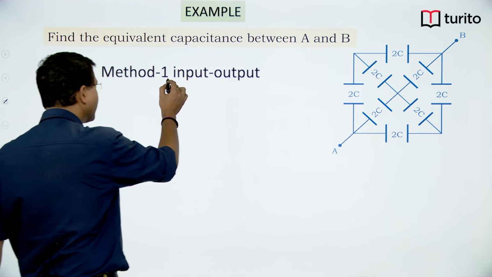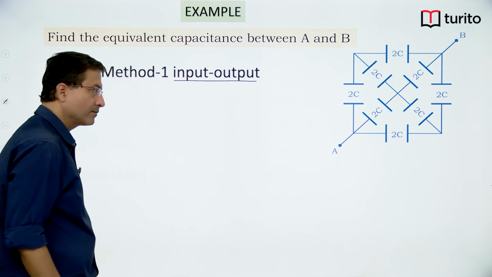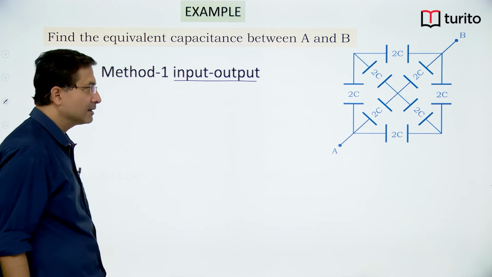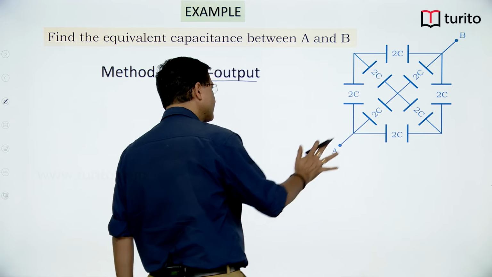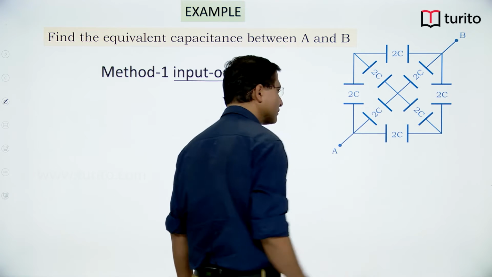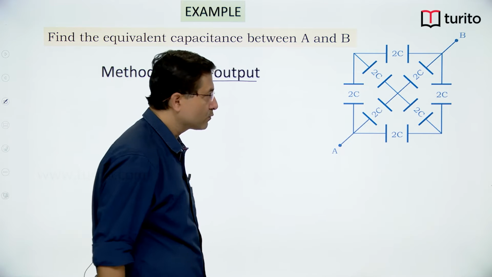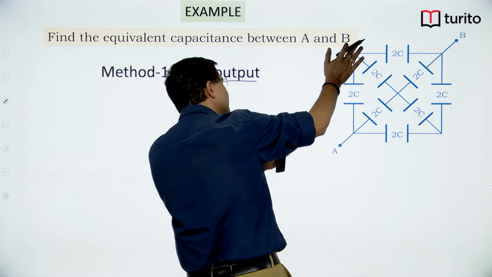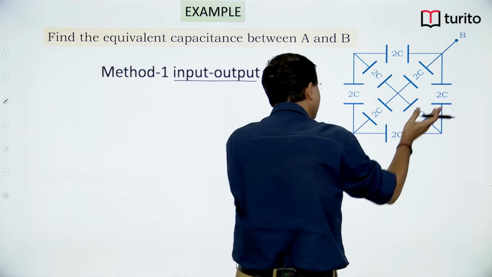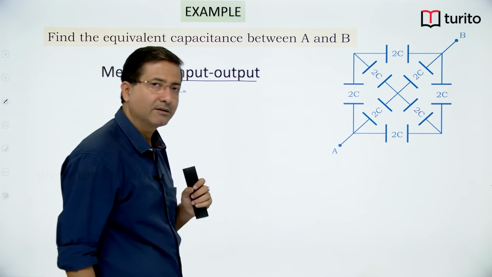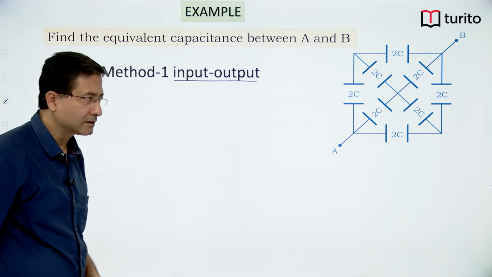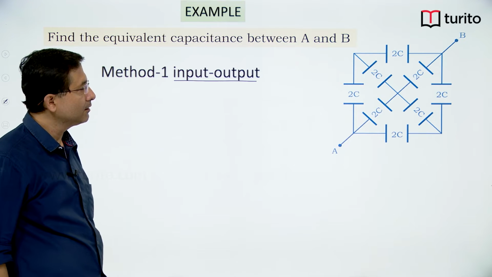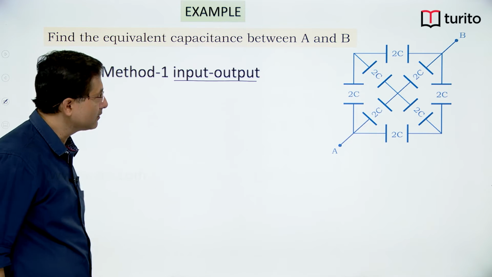If I solve it by input output symmetry, because I can see there is input output symmetry, whatever circuit I am seeing from this side, the same circuit I am seeing from this side, and there exists folding symmetry as well. About AB, whatever I see on this side, the same thing I will see on the other side. So the circuit has input output as well as folding symmetry. Let us solve this problem by both methods.